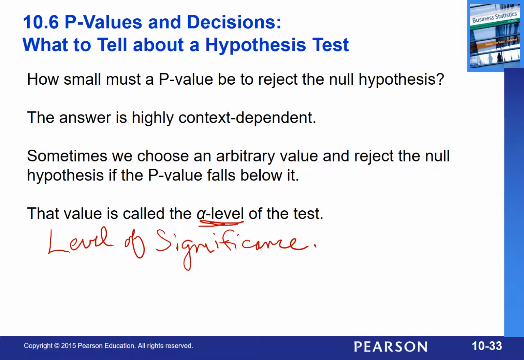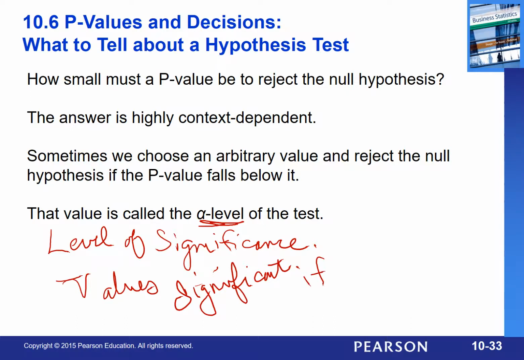To be significant in statistics, you have to be less than whatever alpha is. So what do I mean by significant? It means small. So we call values significant if they're less than whatever alpha happens to be.